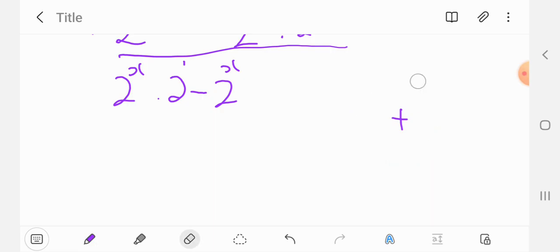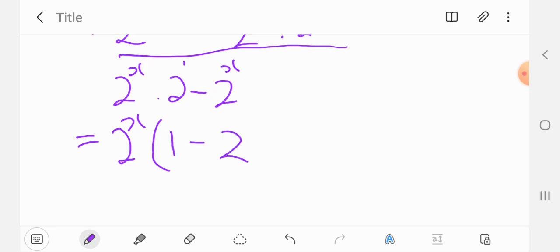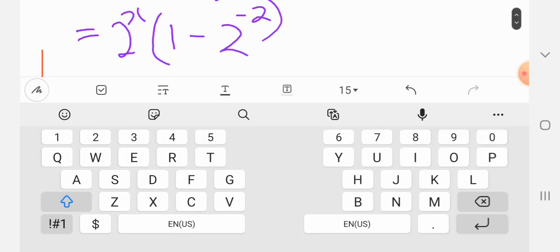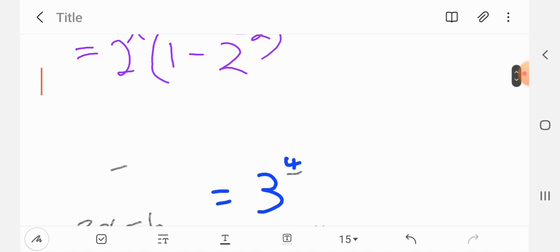I'll show the full step. Now, the next step that will be taken is take out a common factor. So we have 2 to the power of x, 1 minus 2 to the power of -2. At the bottom, let me write it and then I will explain it nicely to you guys.